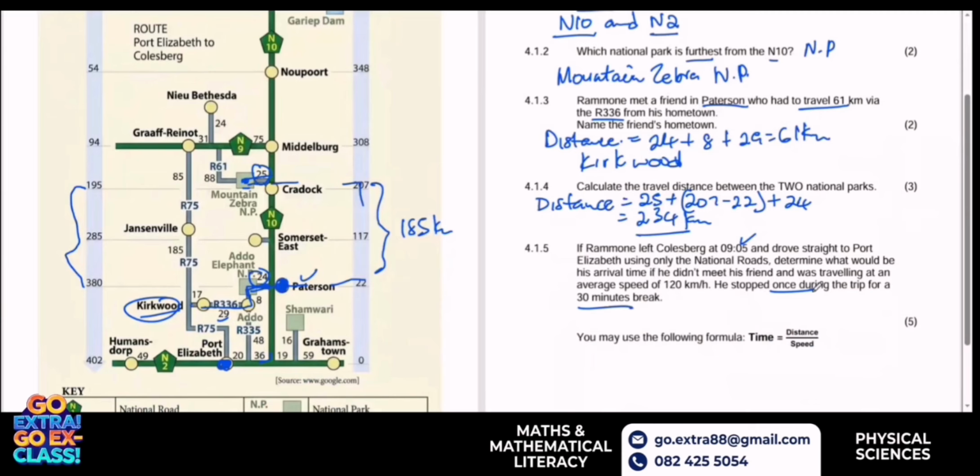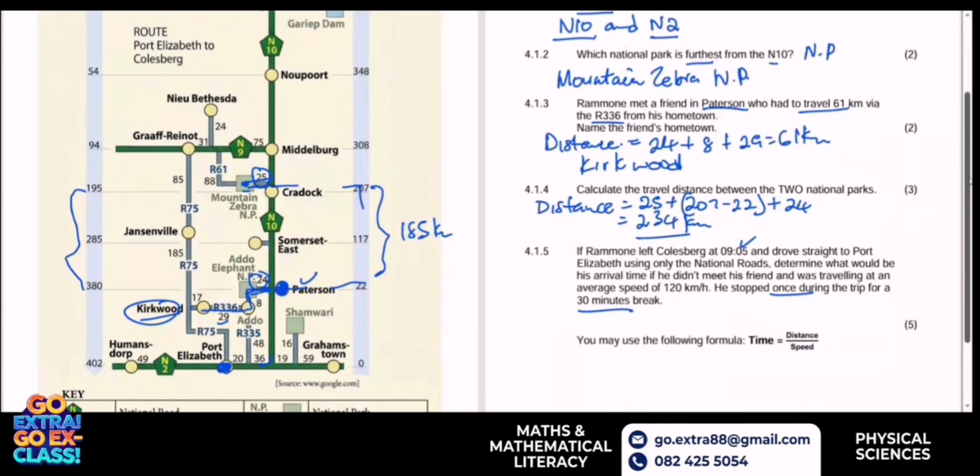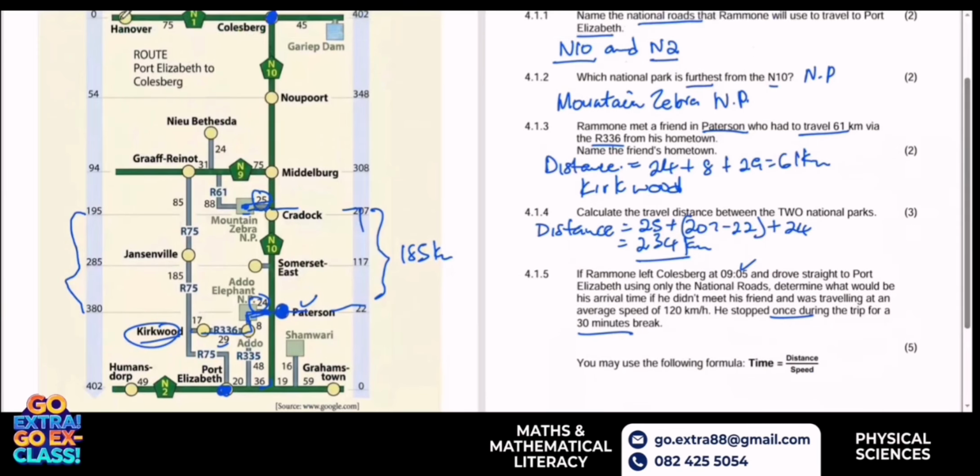First of all, we need to find the distance he is going to travel from Collinsburg to this point here, Port Elizabeth. If we look carefully at this, here is Collinsburg, which starts from zero.